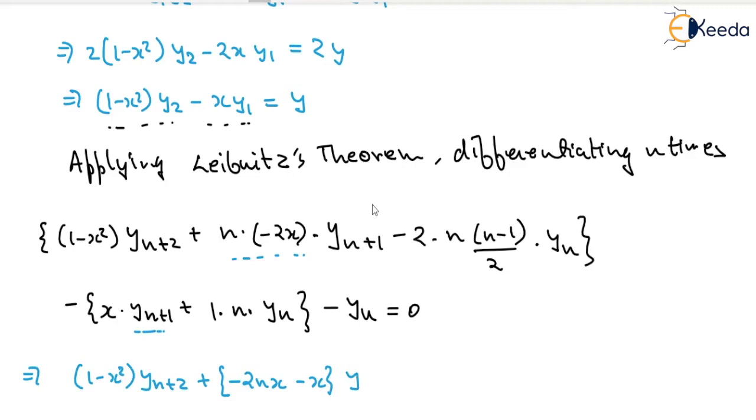So this was about yn plus 1. And for yn, this is also negative, and this is also negative, this is also negative. So let's take minus outside. We can write 2 and 2 gets cancelled, n square minus n. From here we will have minus 1 minus of n, and then minus and minus becomes plus, and then minus 1 yn equal to 0.